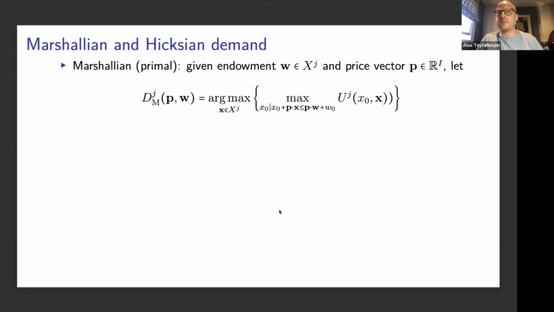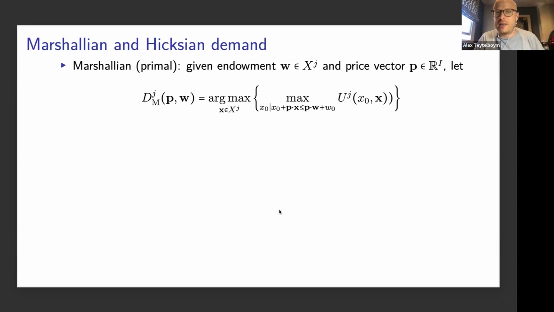So the way that economists think about the consumer's problem is that they usually say, remember, the standard case is the convex case. All goods are divisible. And we say, you start out with a bundle of goods, you trade them at competitive prices. Which new bundle is going to maximize your utility subject to the budget constraint, which is basically given by the value at competitive prices of your endowment.